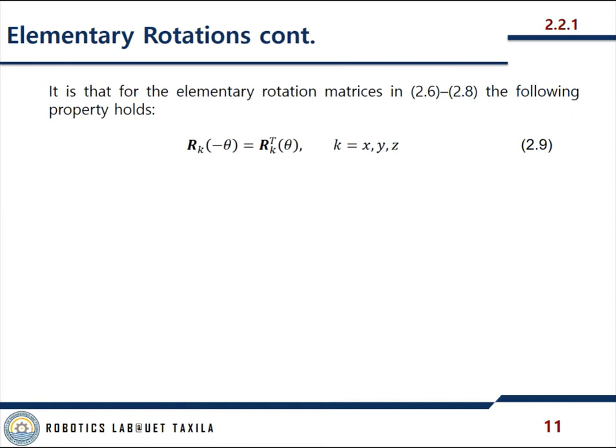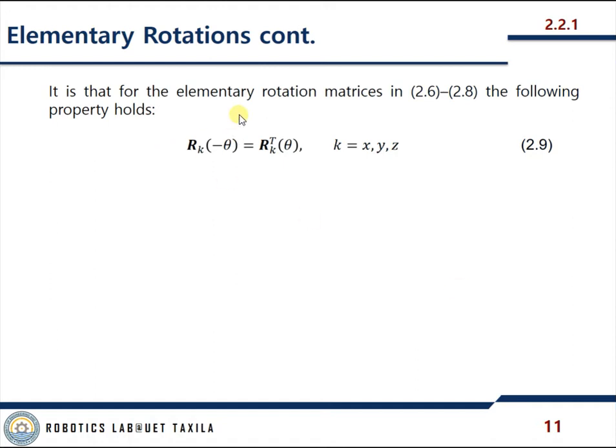In view of 2.6 to 2.8, the rotation matrix can be attributed a geometrical meaning, namely the matrix R describes the rotation about an axis in space needed to align the axis of the reference frame with the corresponding axis of the body frame.